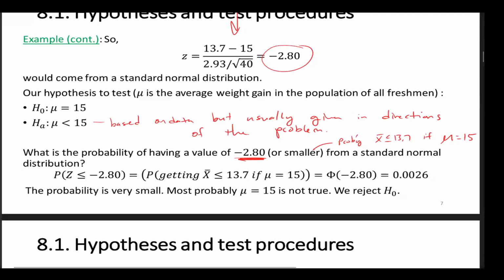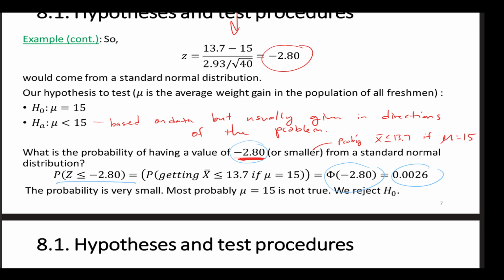The same question is asking what is the probability of having z less than or equal to negative 2.80? Well, that's phi of negative 2.80, which is 0.0026.